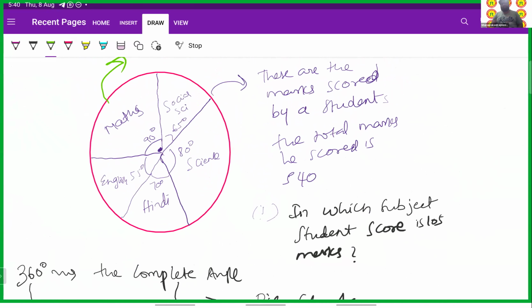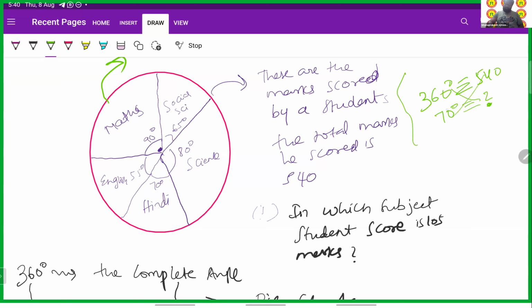So I will just speak out orally. The thing is 360 degrees is evaluating to 540 marks. So suppose I want to find out 70%, 70% is evaluating to how many marks?